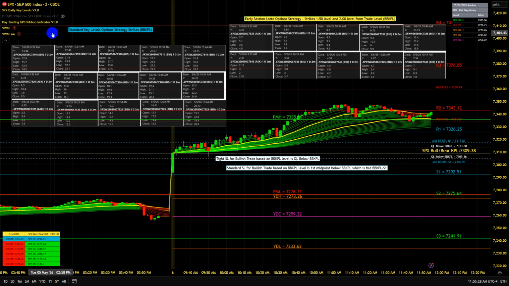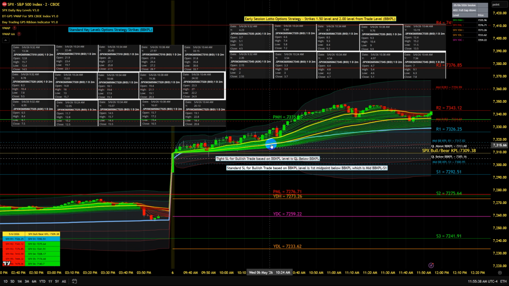However, our Day Trading GPS VWAP for SPX CBOE, which also works on XSP, does provide the VWAP on these charts, because it uses an external data source for either the XSP or the CBOE SPX.